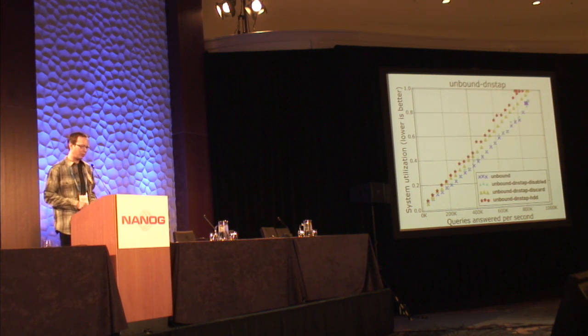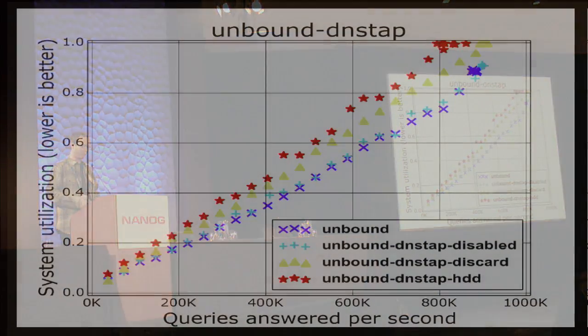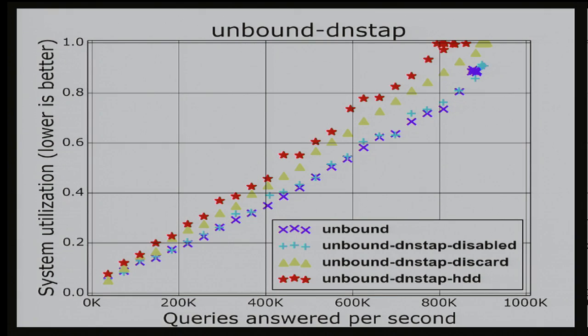Here's our plot for unbound, the dnstap branch. We added dnstap support. The purple plot is the original baseline, and then the teal colored one is very close to it. That's with dnstap compiled in but disabled. The one right above that is compiled in and enabled, but discarding all of the log messages that are being generated.